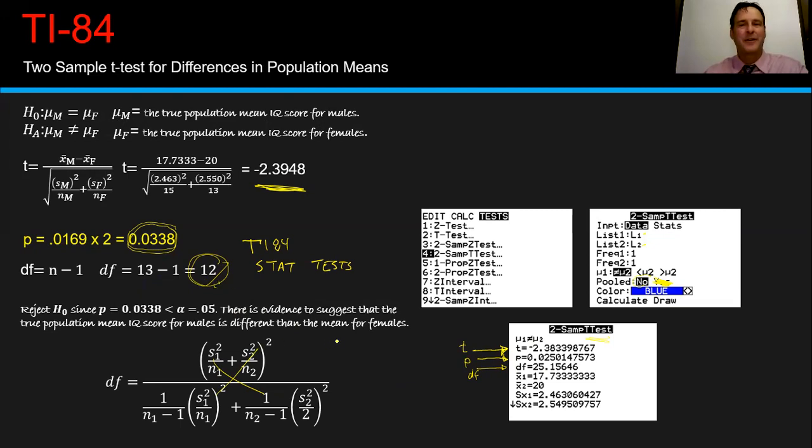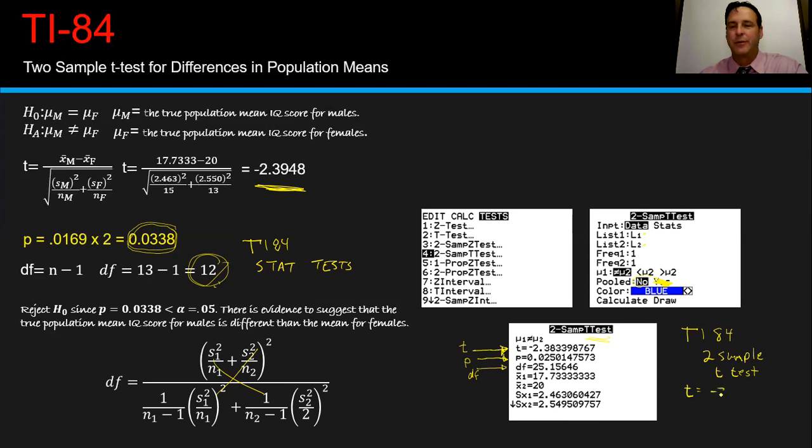However, if you use the graphing calculator, which is my more preferred method, all you would have to do is write TI-84. Again, we're using the command 2-SampTTest. I'm going to give the t just like I gave before.